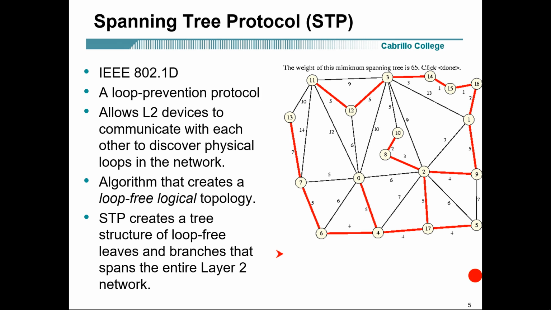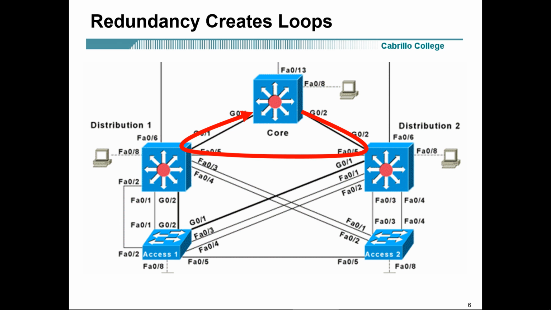So we've talked about redundancy in previous lectures. And one of the problems is that redundancy can create loops. So we want to do this in such a way that we control the looping on the network.